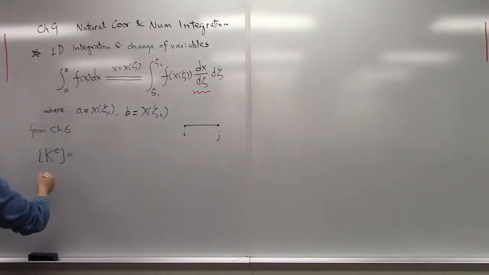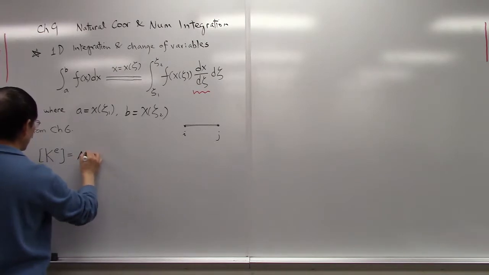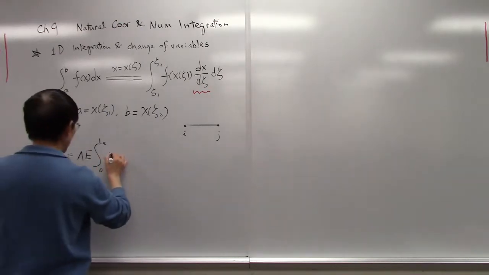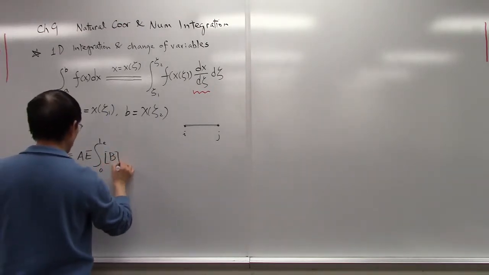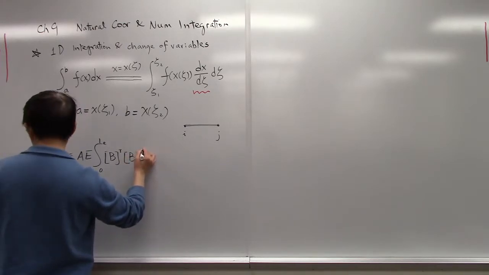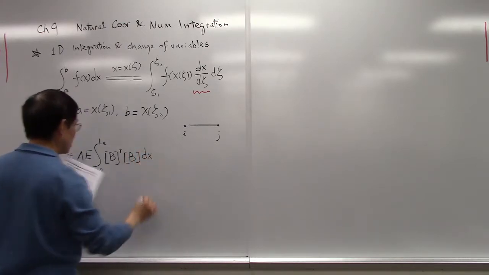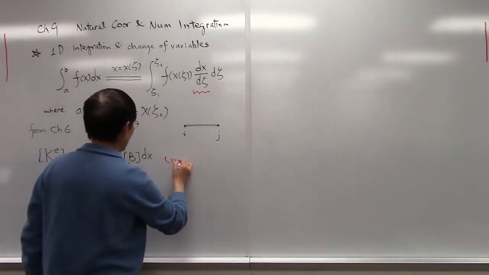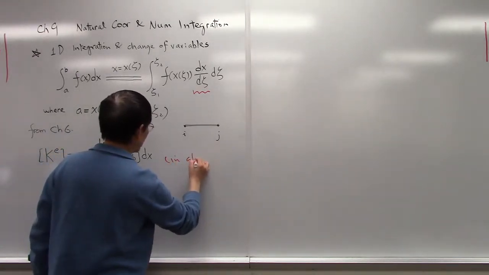And the formula is this: A, E, and then integrate from 0 to LE of the B matrix transpose, B, and then dx. Of course, when we write it this way, we are using the global coordinates. So this is in global coordinates.